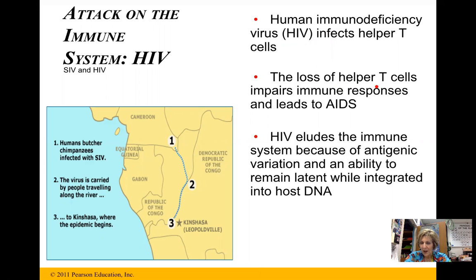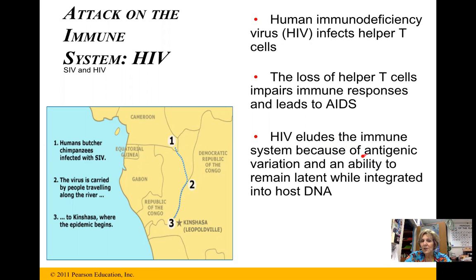The loss of the helper T cells, because they die, impairs the whole immune response, which leads to AIDS. AIDS is the disease of untreated HIV. AIDS stands for acquired immunodeficiency syndrome. And if untreated, HIV leads to AIDS.